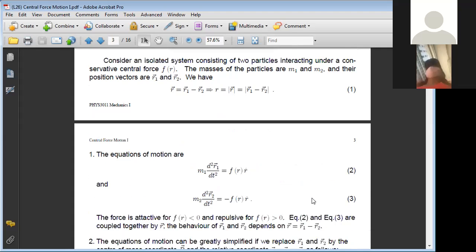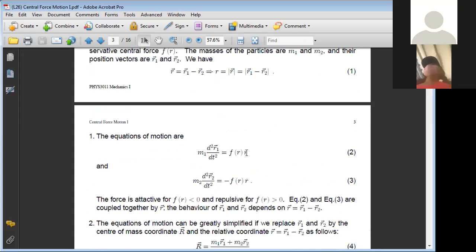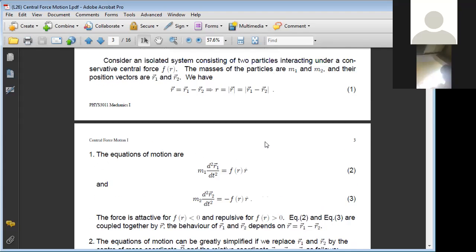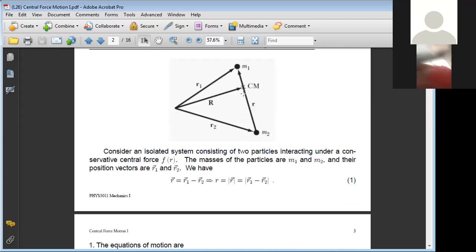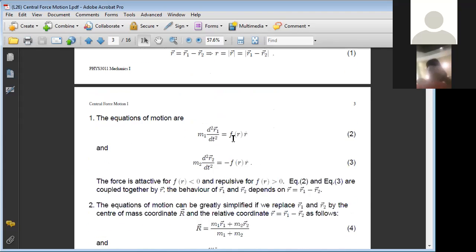Now the equations of motion are given by equation 2 and equation 3. For equation 2, for particle 1, we have m1 r1 double dot equal to f(r) r hat. In other words, it's pointing in this direction, right?